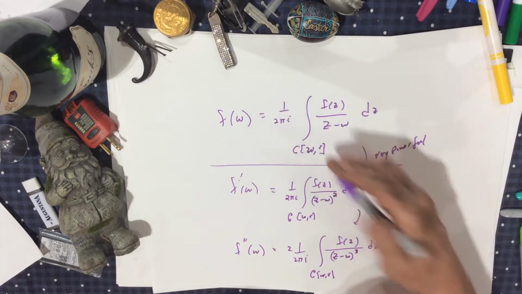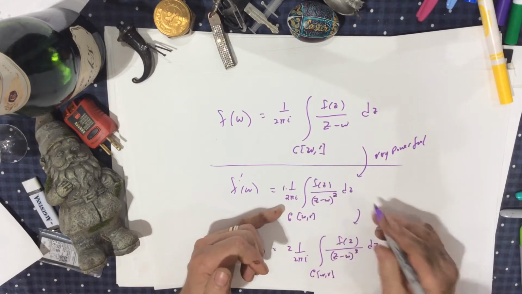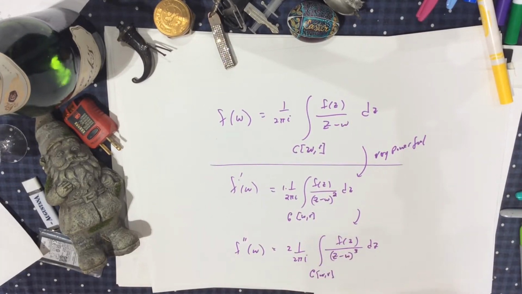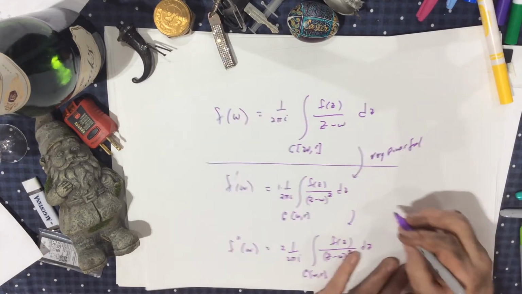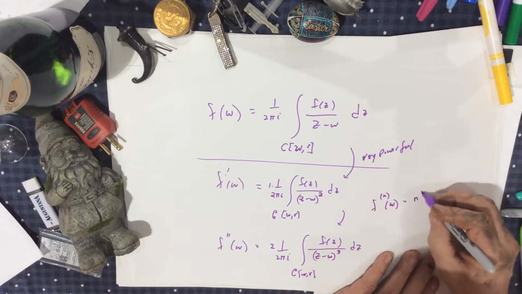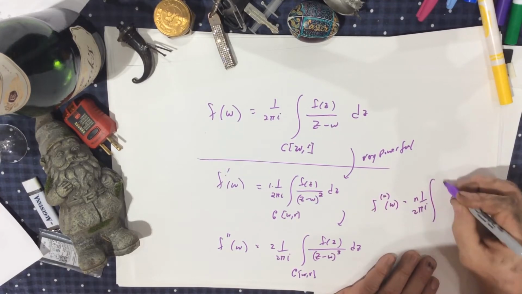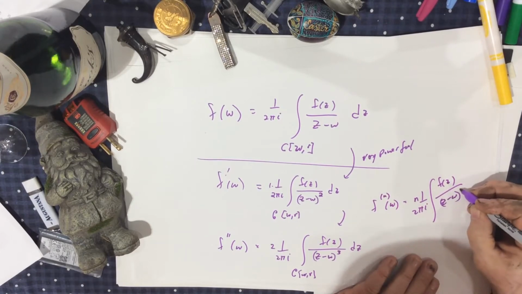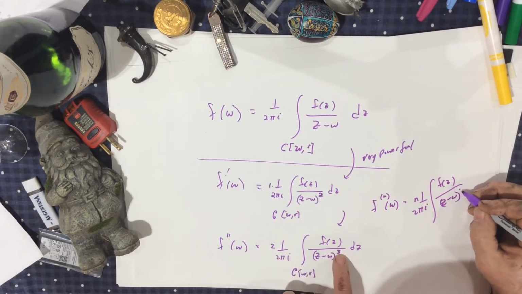The 1 came out in front, it wasn't there. But when it went to the 3, a 2 went out front. When the 3, a 3 comes out in front. In fact, you probably can guess that's going to be n plus 1.